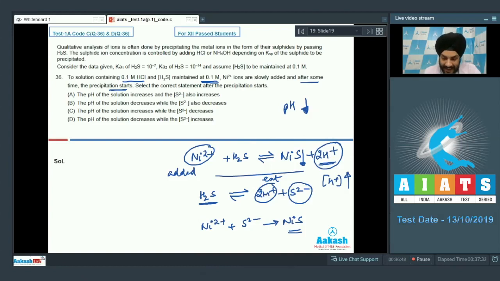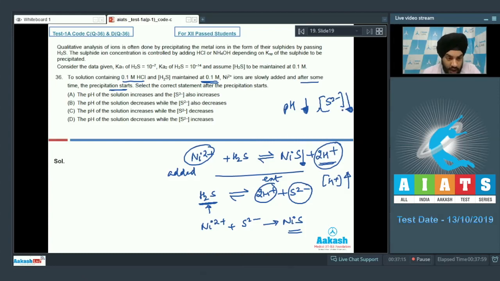And if you look at the second equilibrium, which will also be established in the system, as the H+ ion concentration increases and the H2S is maintained at 0.1 molar, the sulfide ion concentration has to decrease to satisfy the K equilibrium value. So the pH of the solution decreases, whereas the sulfide ion concentration also decreases.